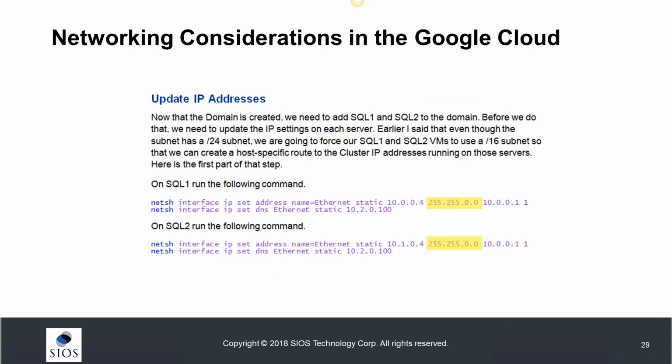And then once we have our instances configured, we have to go into the two SQL Server instances, and we're going to have to manipulate the IP address. So remember, before I told you these reside in a subnet that has a /24 subnet mask. We're going to have to force it to use a /16 subnet mask, as you can see here.